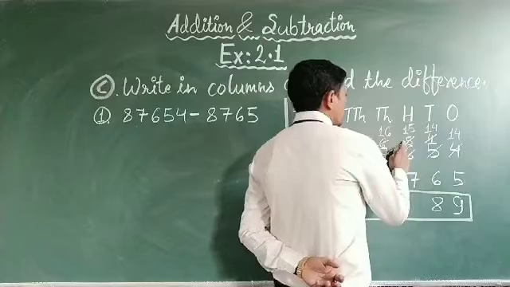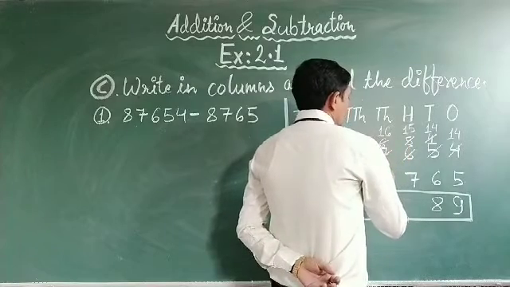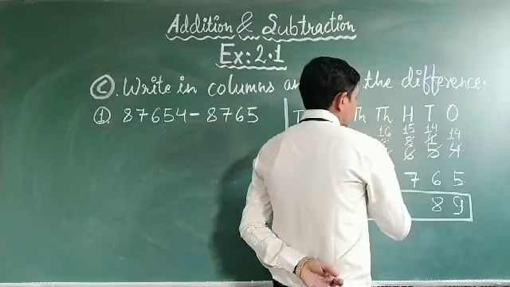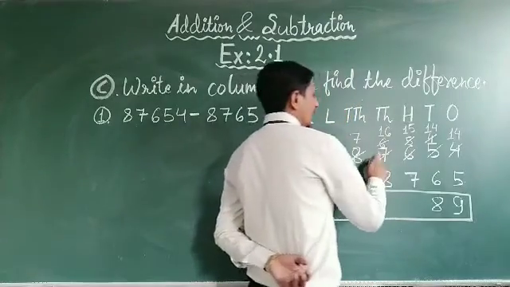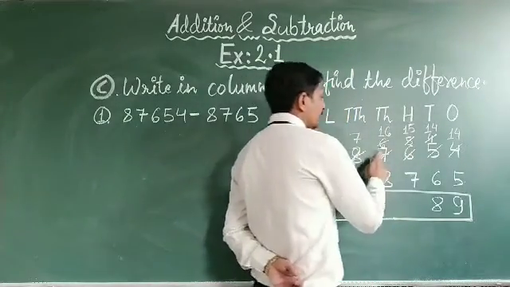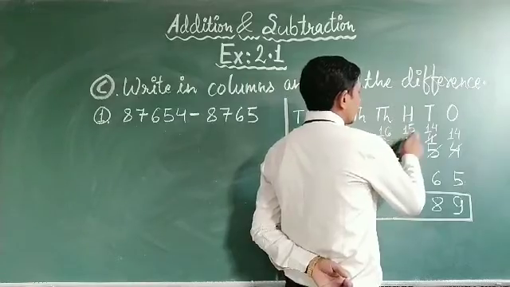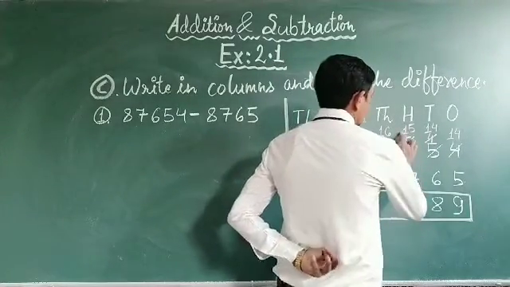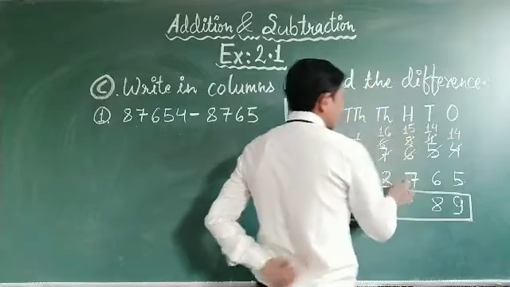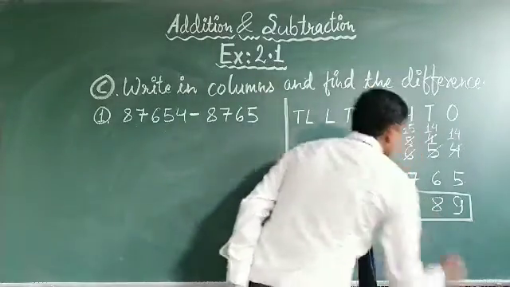Again we have to borrow 1 from the number which is left to the given number, that is 7. So what we have to do, we have to borrow 1. When we borrow 1, it will become 15, and now when we subtract 7 from 15, we get 8.